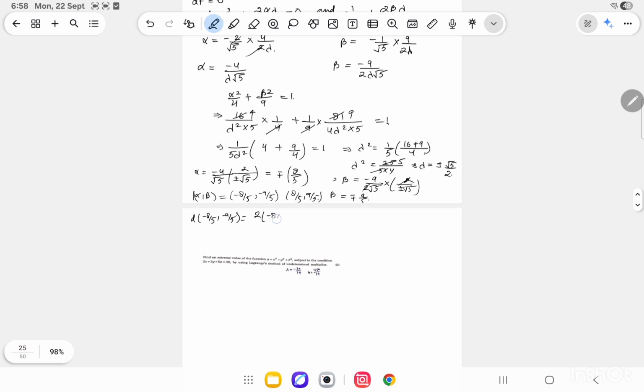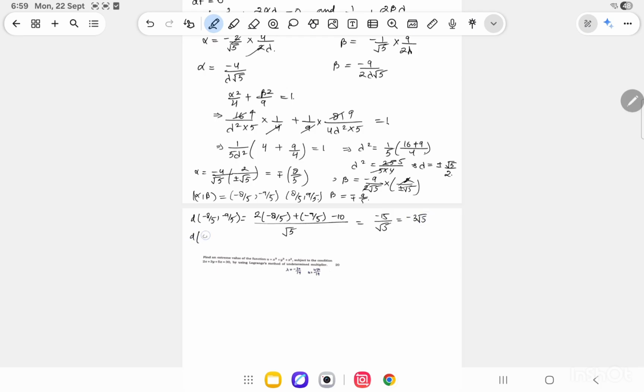2 into alpha plus beta, that is minus 9 by 5, minus 10 divided by under root 5, and this is equal to minus 16 minus 9, that is minus 25 by 5, minus 5 minus 10, minus 15 by under root 5, that is minus 3 root 5.